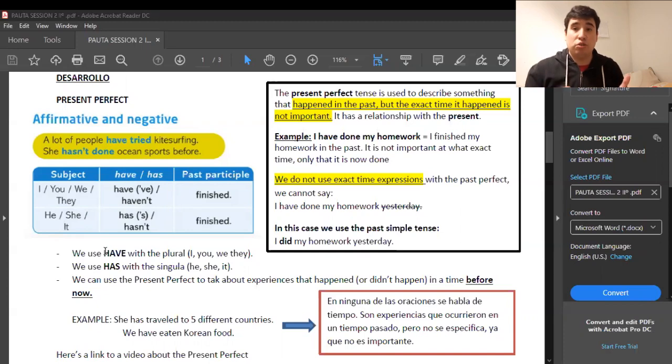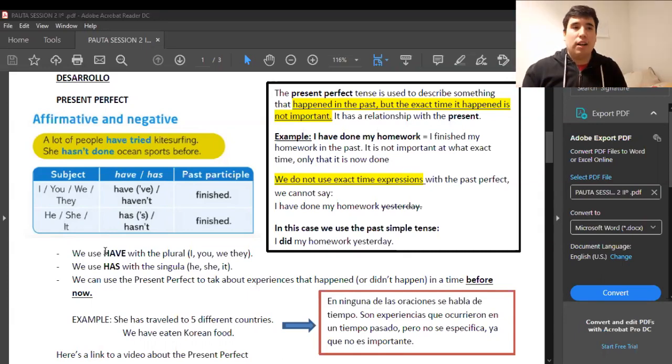Therefore, I need to use the auxiliary verb has. My dad has watched The Lord of the Rings. The same happens with haven't and hasn't. I haven't read a book. My dad or he hasn't watched The Lord of the Rings.